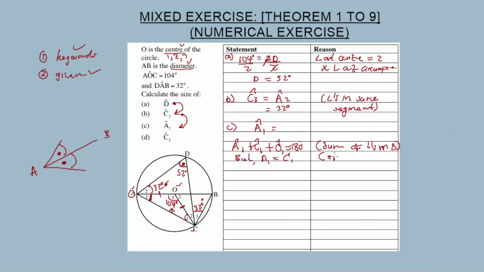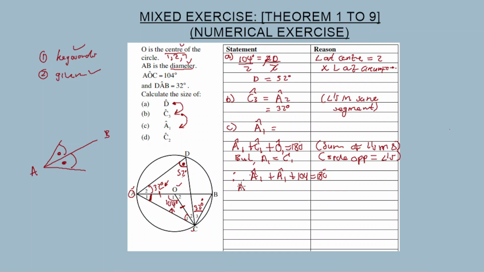It's because of sides opposite equal angles. Sides that are opposite give us equal angles. Therefore, since I want to calculate A1, I can just say A1 plus A1, where C1 is, I put A1, plus 104 is equal to 180 degrees.